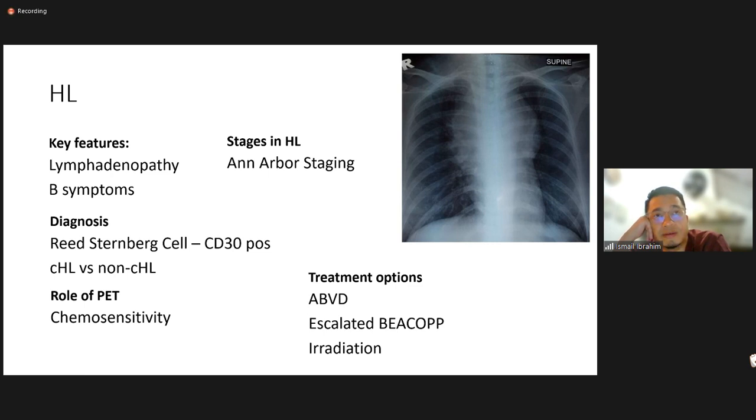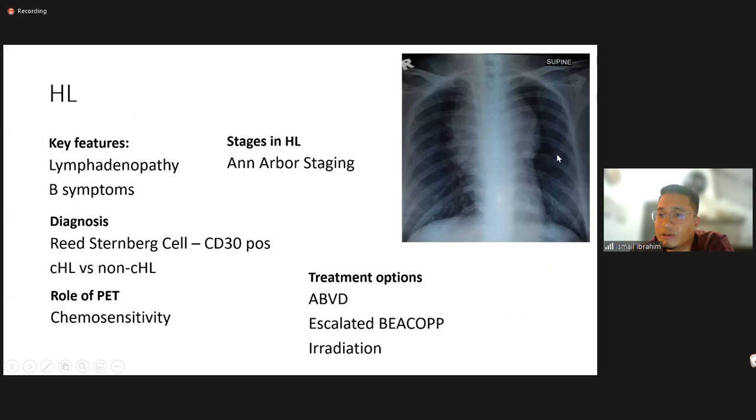We use PET scan. I think I described earlier the role of PET scan in monitoring the disease. It's very chemosensitive, so it used to be treated using radiotherapy, but nowadays we are using chemotherapy. And how to stage Hodgkin lymphoma, we use Ann Arbor staging. The treatment you can see down there, ABVD, escalated BEACOPP, and we also incorporate irradiation if needed.